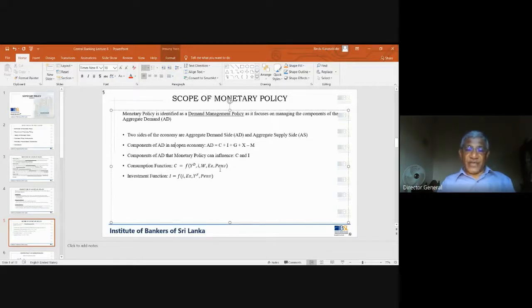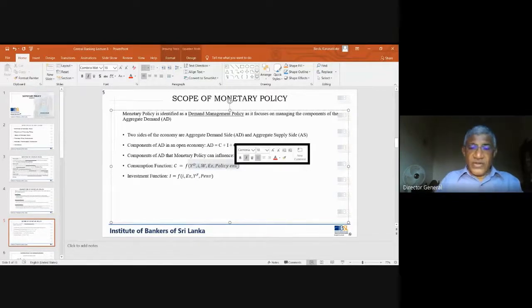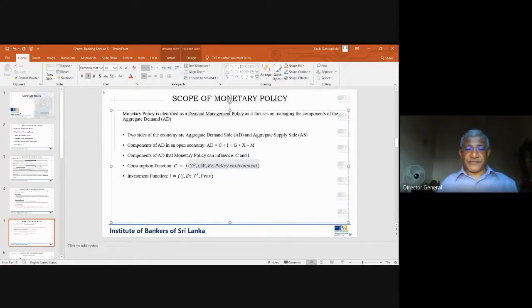PENV. I can also write it here, but to save space, I can cite policy. You can also do it if you want. Policy environment. Here also policy environment, but here you have to be careful.